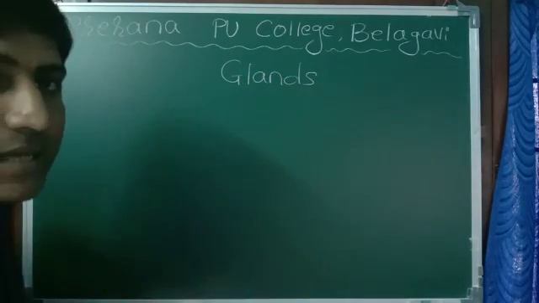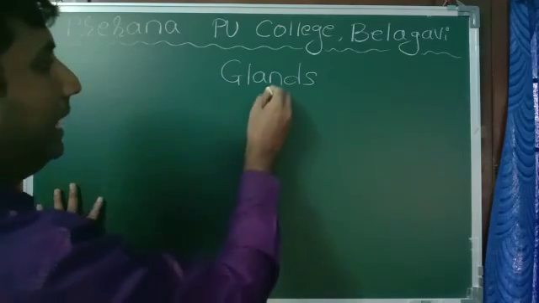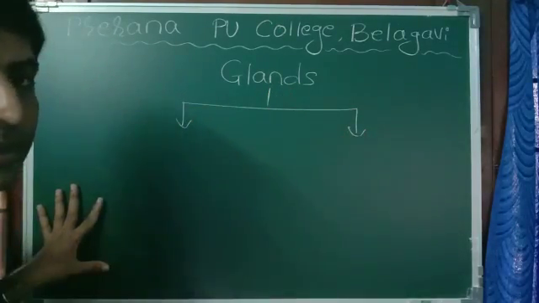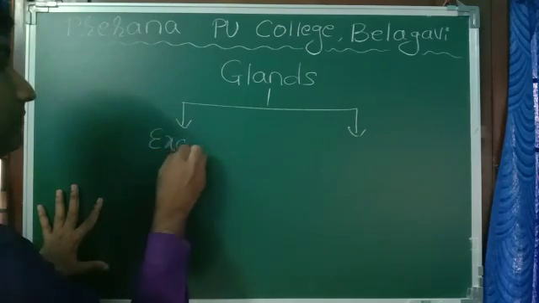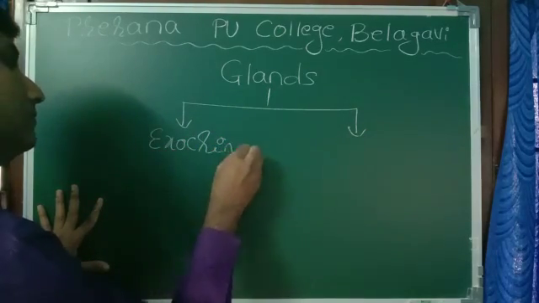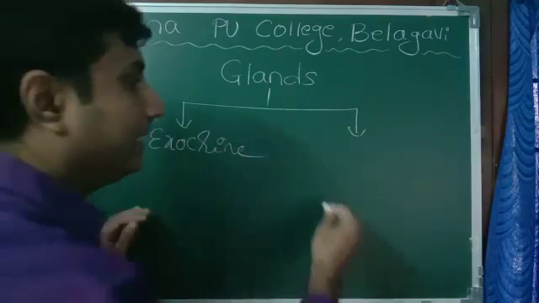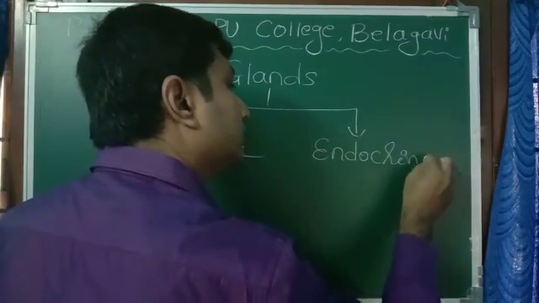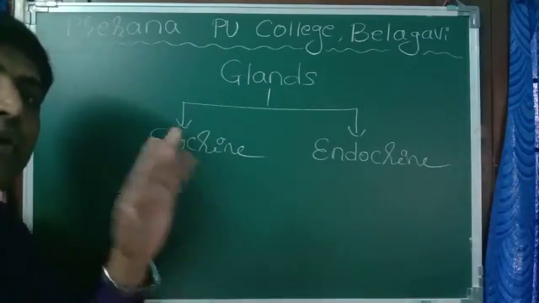Glands always release some secretions. Glands are of two types, exocrine gland and endocrine gland.